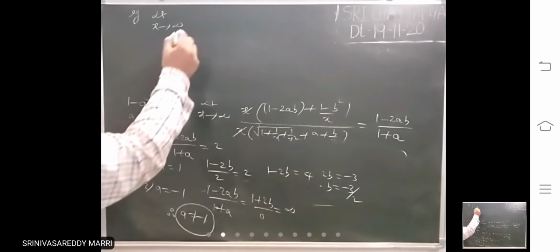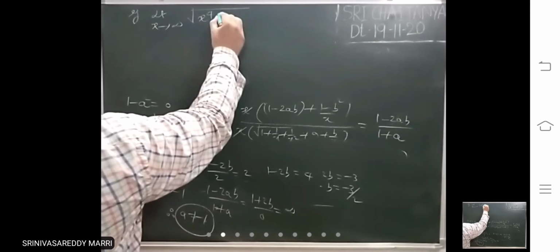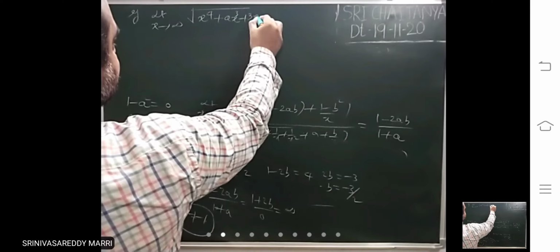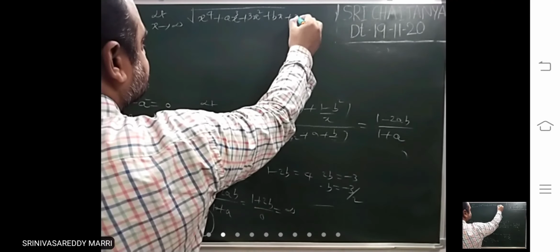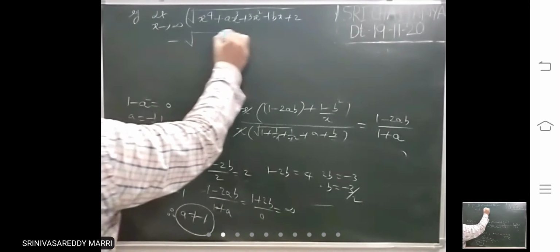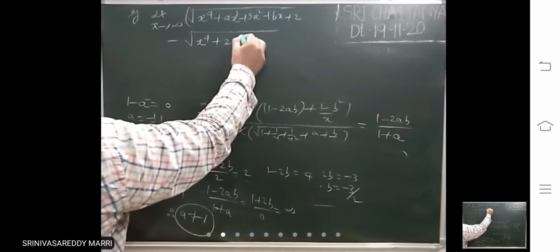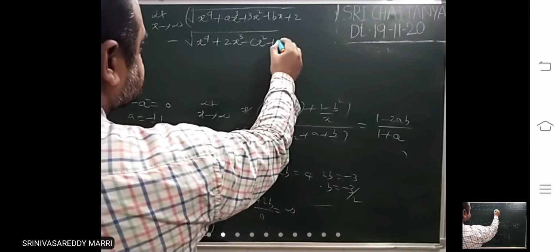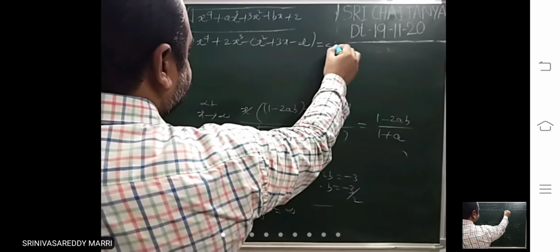If limit x tends to infinity, root of x power 4 plus ax cube plus 3x square plus bx plus 2, minus root of x power 4 plus 2x cube minus cx square plus 3x minus d, equals 4.